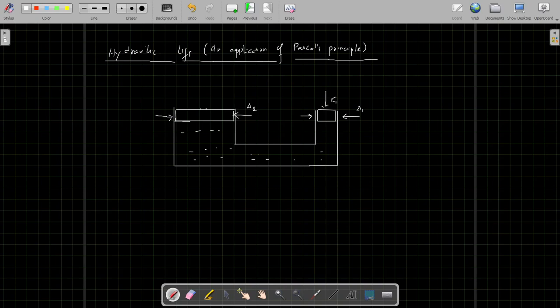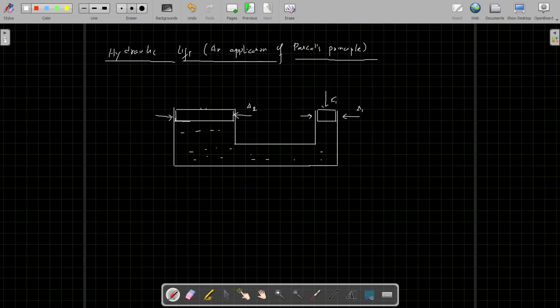This is a simple piston, nothing else. Piston means this is a cylindrical chamber in which you have fitted some kind of solid circular metal cylinder, which can move freely within this chamber, and as a result, what will happen?